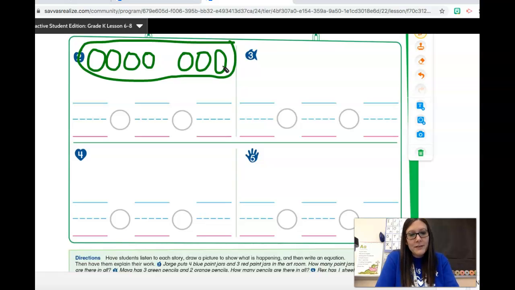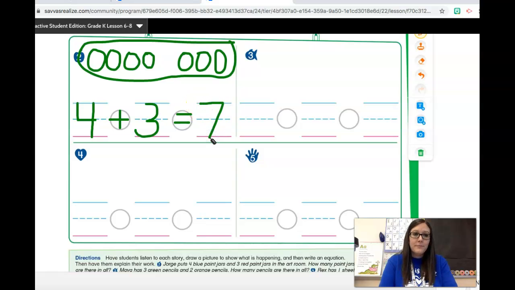Let's write a math equation that matches that picture. I'm going to write the number 4 first. The 4 stands for these 4 paint jars, plus, because we joined 2 groups, 3, because there are 3 paint jars there, and it said that George put 3 more. 4 plus 3 equals 7 in all. 4 plus 3 equals 7.